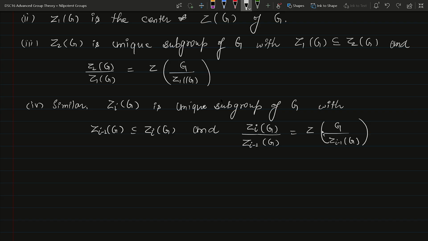Now for a specific case, due to this ascending series, we will call G a nilpotent group.